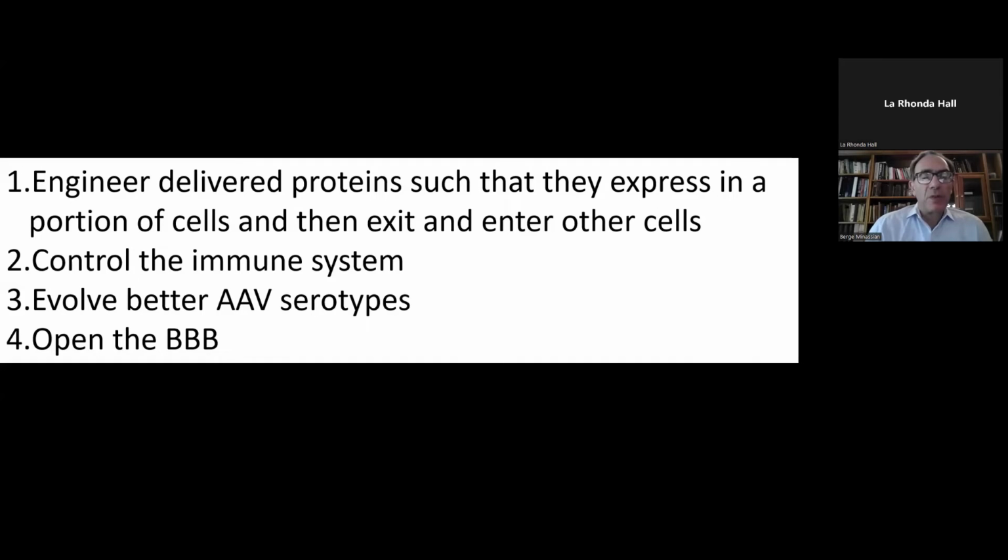No problem happens with the first injection, but if you try a second injection, you get zero additional distribution because the immune system blocks it. So can we modulate the immune system to allow us to have multiple administrations, redosing?